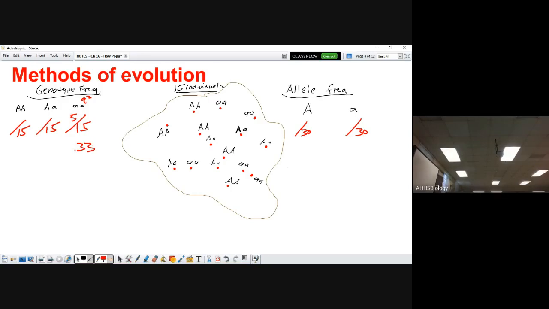Okay, so remember, that one is q squared, p squared is the same thing, and 2pq is the same thing, so we get 0.3, 0.33, and we'll add those just to make sure, okay?